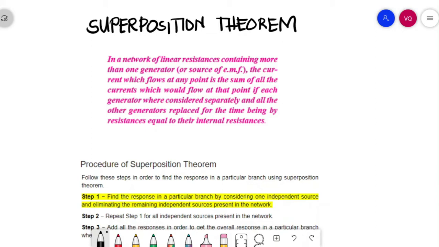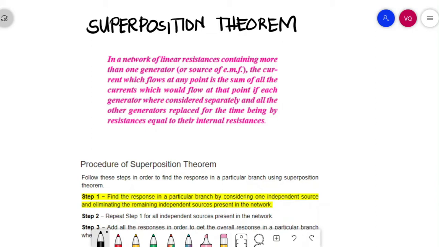So in the superposition theorem, we have two sources, two batteries. What we do is we take first the first battery to supply all the currents in the resistances and get all the currents flowing in those resistances, and then we take the second battery, same step, and solve for the currents flowing in those resistances.